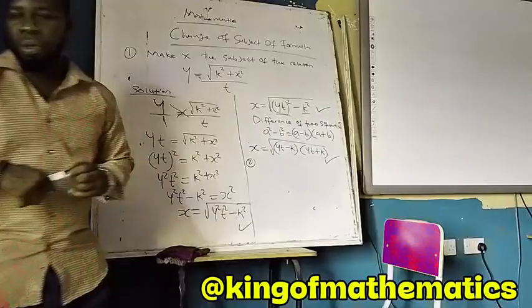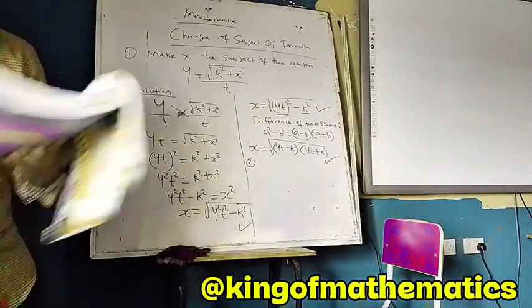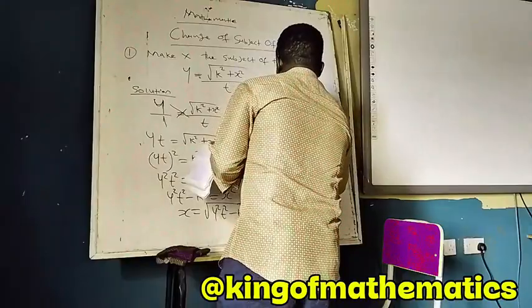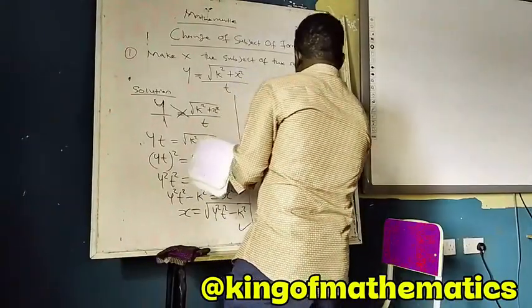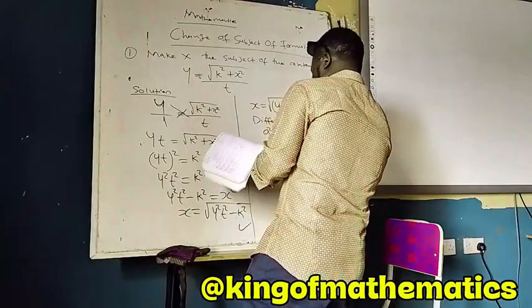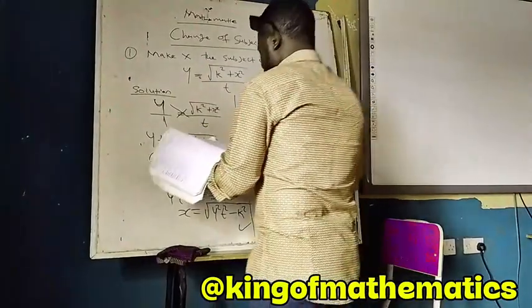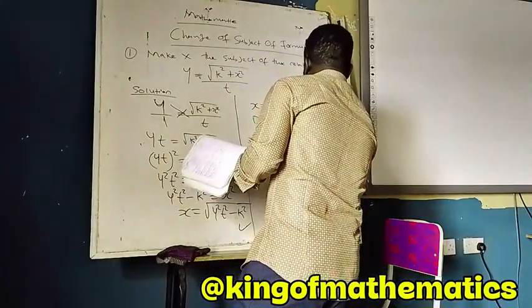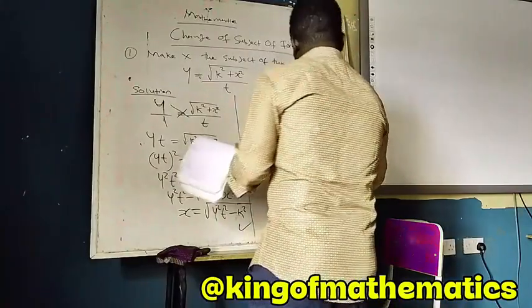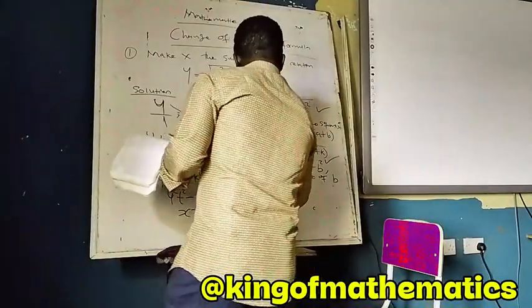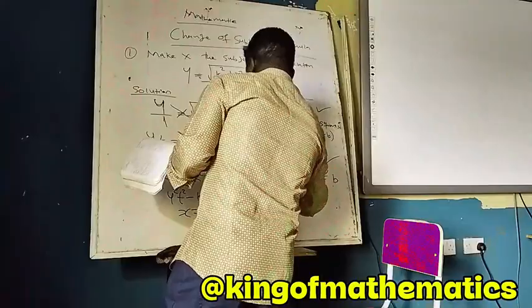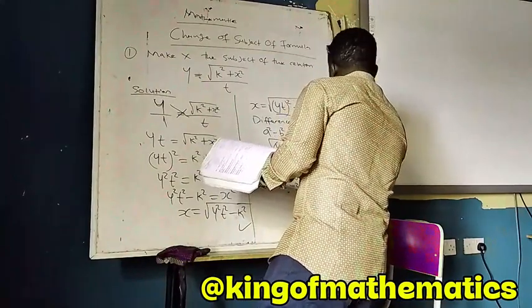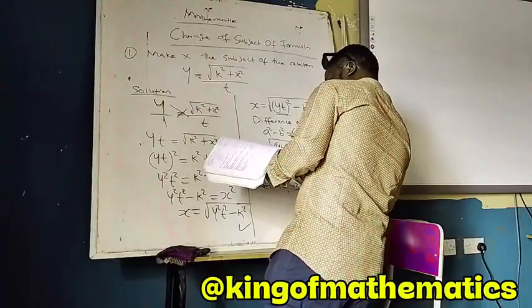Number 2. It says that if 4a cubed equals c minus b squared, find the value of b when a equals minus 3 and c equals 24.